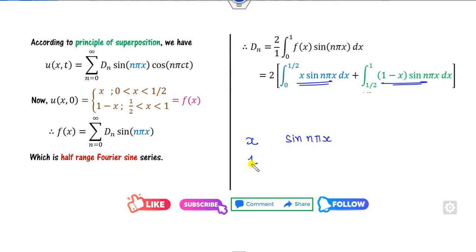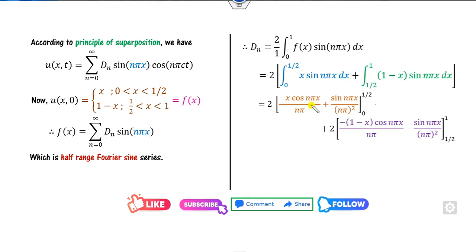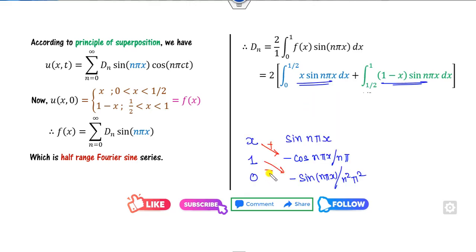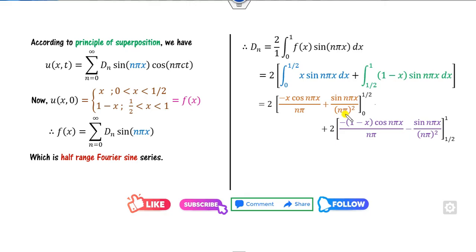You can take the derivative until 0 and integrate on the right hand side, sine n pi x divided by n square pi square. Now you can multiply them, one with the positive sign, the next with the negative sign. So it's minus x cos n pi x by n pi plus sine n pi x divided by n square pi square. Similarly for this case.